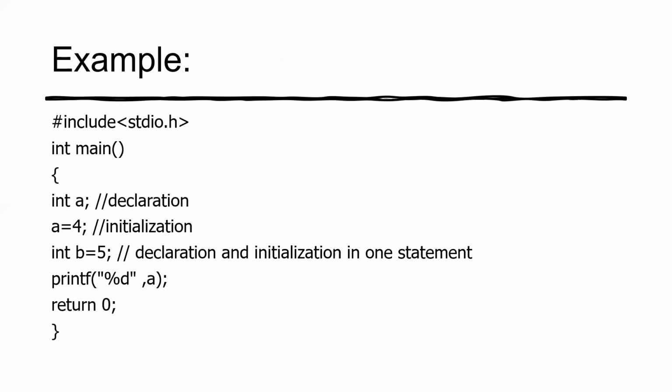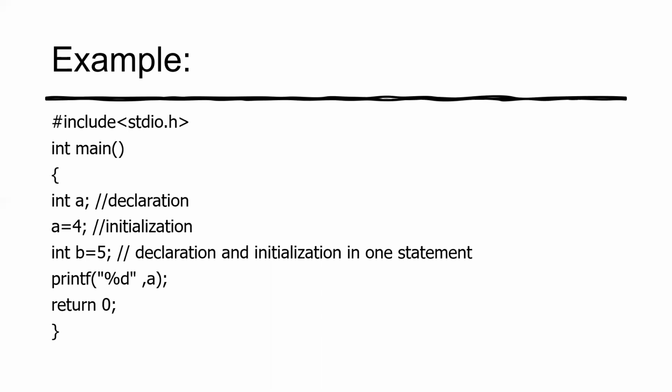So here is a small example for declaration and initialization of a variable. We have started with header file #include <stdio.h>, then main function, then opening brace, int a. Here a variable is declared as type integer. Then a = 4. Here the variable has been initialized with the value 4 and a memory area has been created in which 4 is stored.